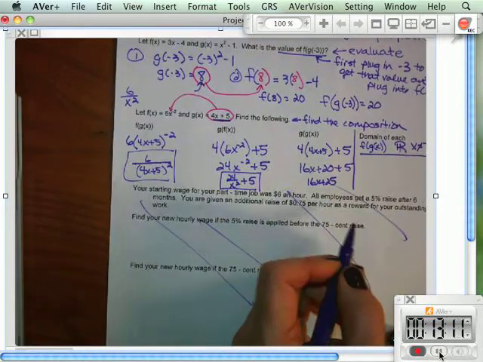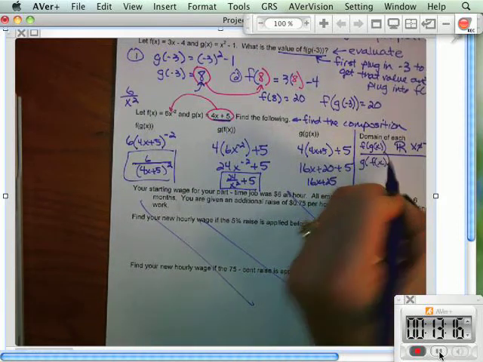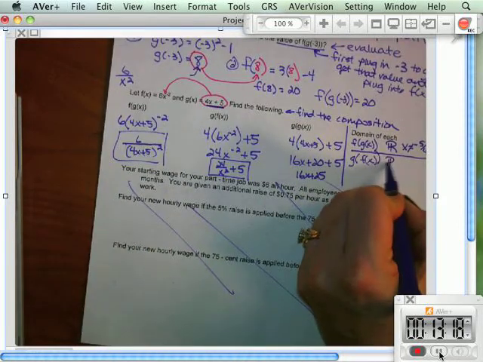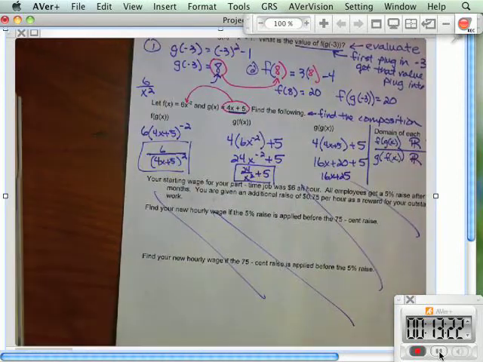G of f of x, the second one here, is all reals, but I stuck f into g, and I know x can't be 0 here. So it's all reals except for 0. I can't have 0 as x in that function. X can't be 0.